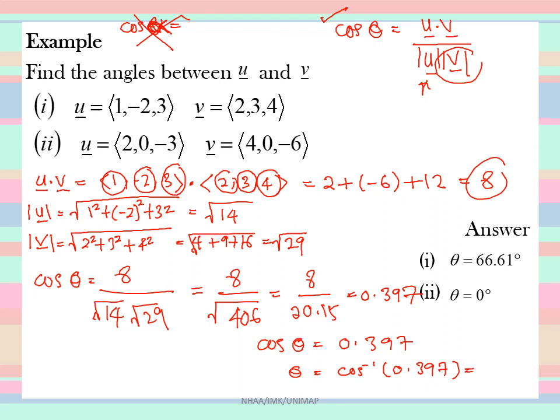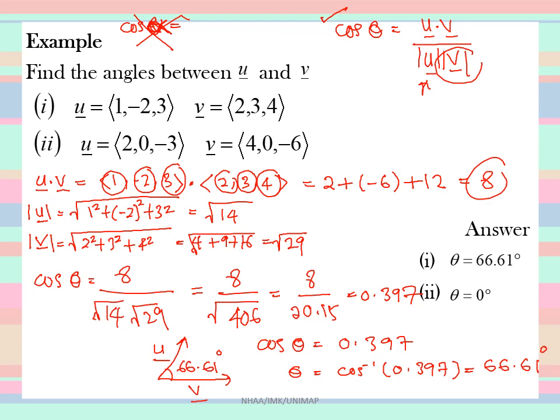Okay, insert this into your calculator. You will get 66.61 degree. Okay, so the angle between vector u and vector v here is 66.61 degree.